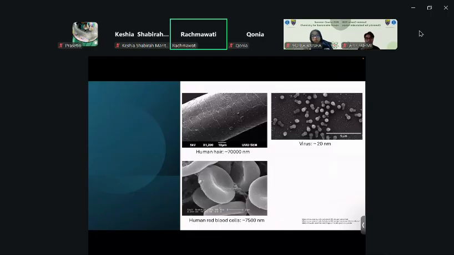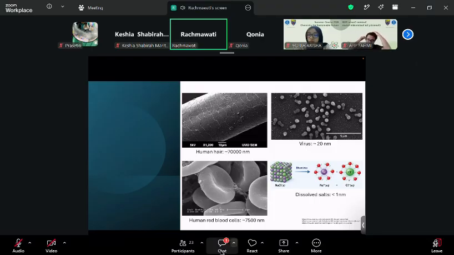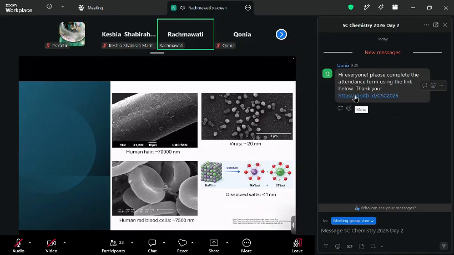But then if we go to a smaller size, such as a virus, that is around 20 nanometers, and if we go to dissolved salts, it's even less, less than 1 nanometer. So these dissolved salts or a virus might still be present in the water if you are using the conventional method.